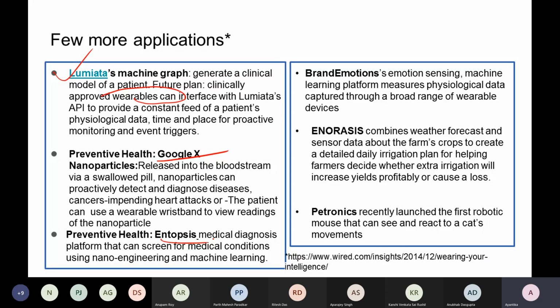So these are different initiatives, but why have we considered them in the same slide? Because you can understand that for all of them, the basic objective is the same. You are getting some input in this wearable band.